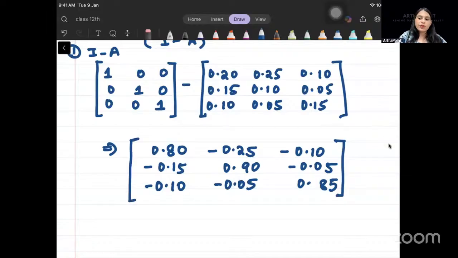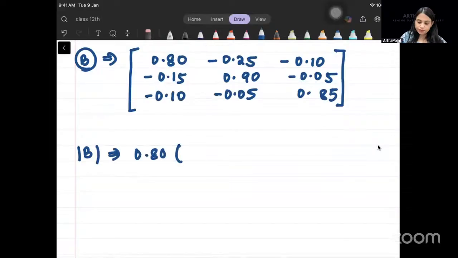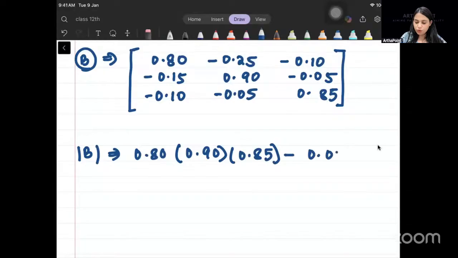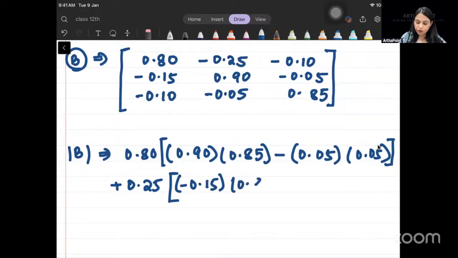Okay. Now we can just go ahead and find the inverse. To find the inverse, we need to find the determinant. इसको कुछ new matrix नाम दे देते हैं. Suppose matrix B. So we'll find the determinant of this matrix B. So 0.80 into (0.90 into 0.85 minus 0.05 into 0.05), minus, so plus 0.25 minus 0.15 into 0.85.